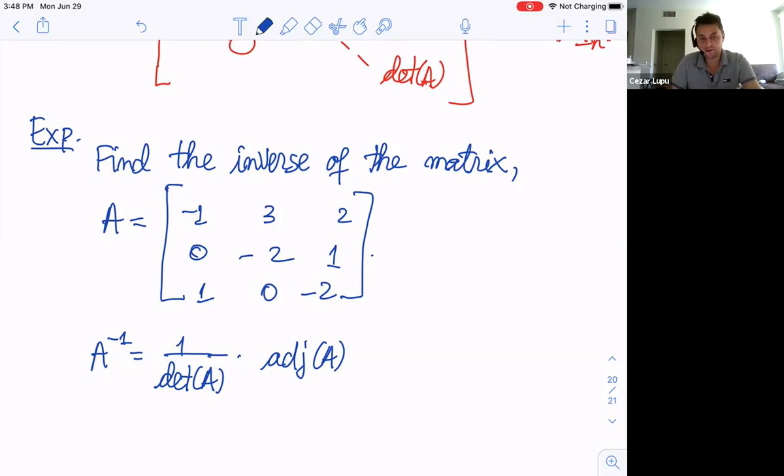So there's going to be a lot of work. Just like I've done previously, I'm just going to compute.